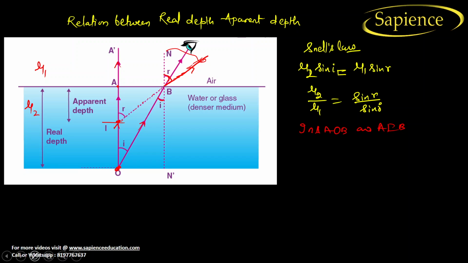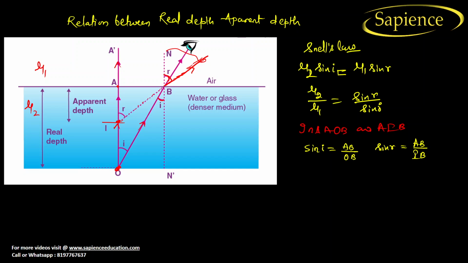What you will observe here is sine i is equal to perpendicular by hypotenuse, that is AB divided by OB. And sine r is equal to perpendicular by hypotenuse. When you observe this triangle, it is perpendicular by hypotenuse, that is AB divided by IB.